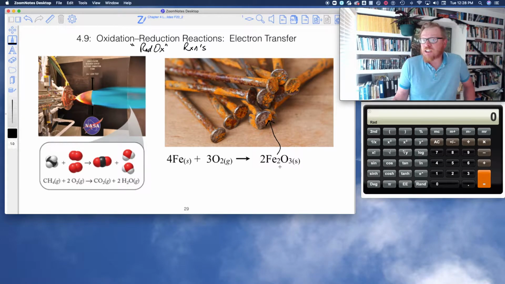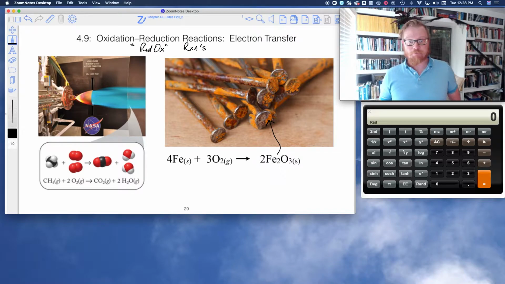So that's an oxidation reduction reaction, okay? There is a redox reaction going on when you have metal reacting with oxygen. In fact, we even say that this metal is being oxidized.